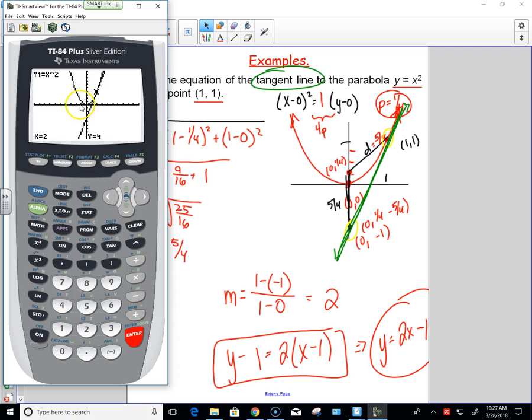What do you guys think the slope would be of the tangent line at 0? What if we were doing a skimming line at x equals 0? X equals 0? Careful, that's a vertical line. Y equals 0 would be the skimming line. It looks like the x-axis or the y equals 0 is the skimming line.